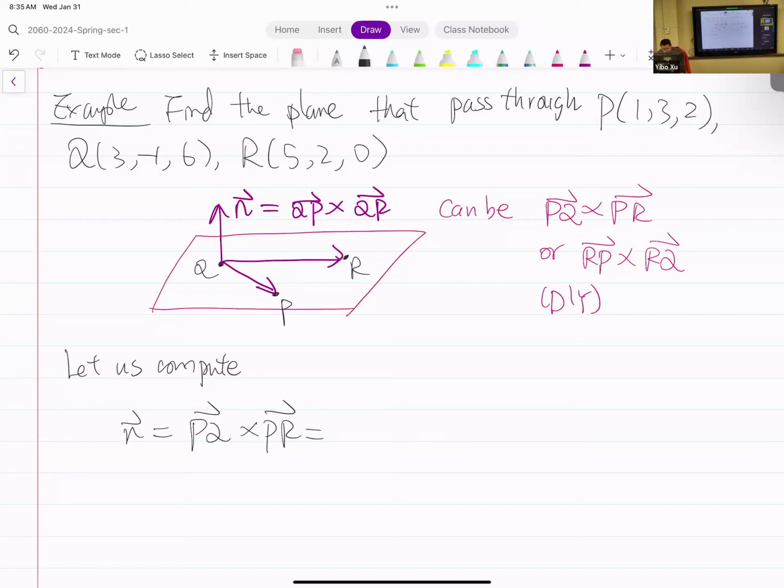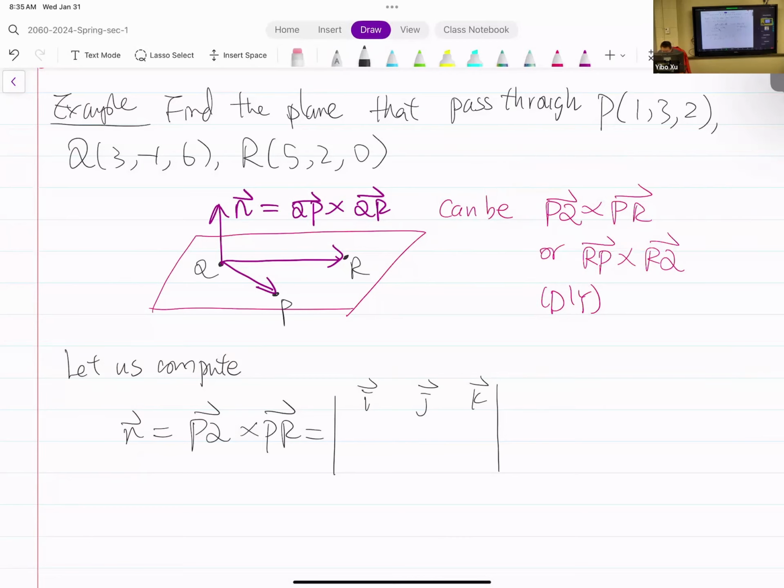The point here is to pick 2 edges of the triangle and then do the cross product. You can do this with the differences of the vector components within this 3x3 determinant. So we're doing PQ cross PR.